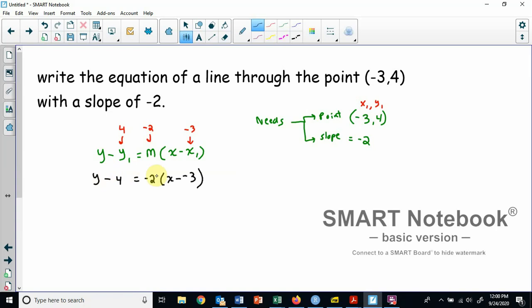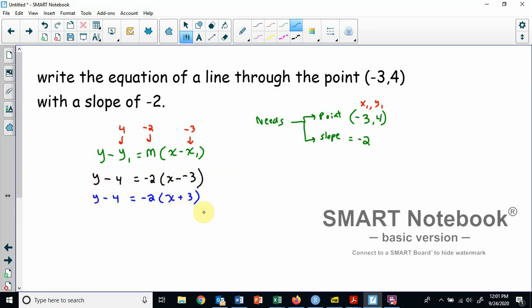Okay, keep the minus signs and then plop the sign in. So I have minus a negative. Okay, so now is when I may want to make changes. So y minus 4 equals negative 2x minus a negative is the same thing as plus 3. Those two negatives make it a plus. All right, so now I've plugged in my three numbers.